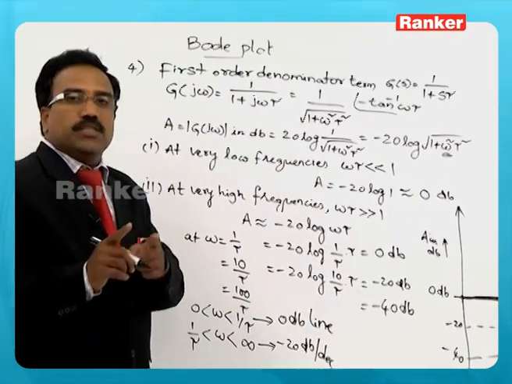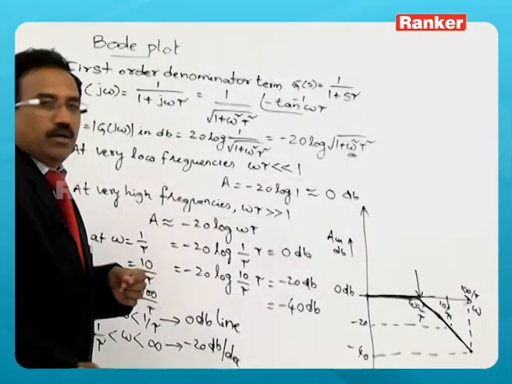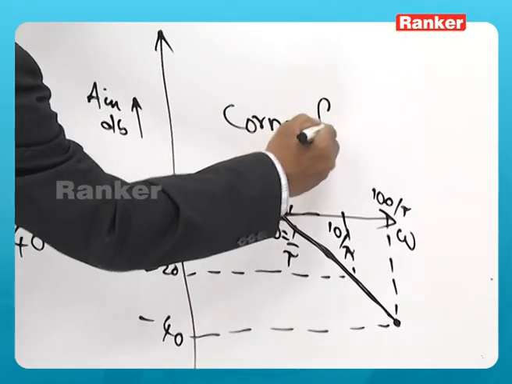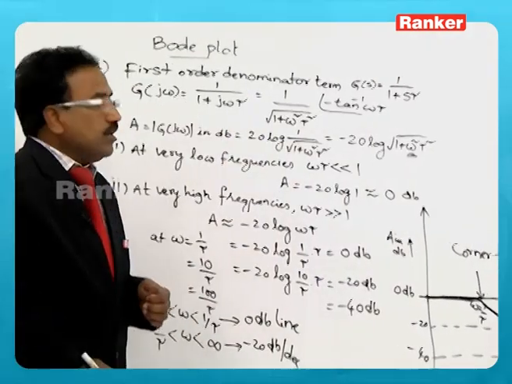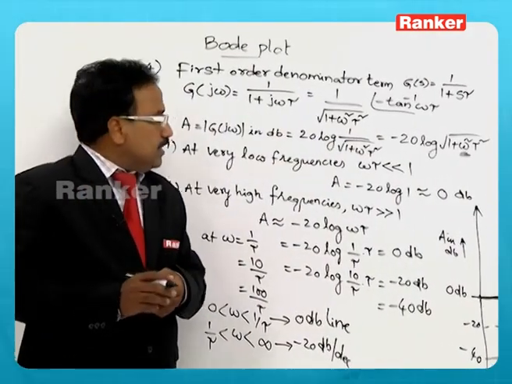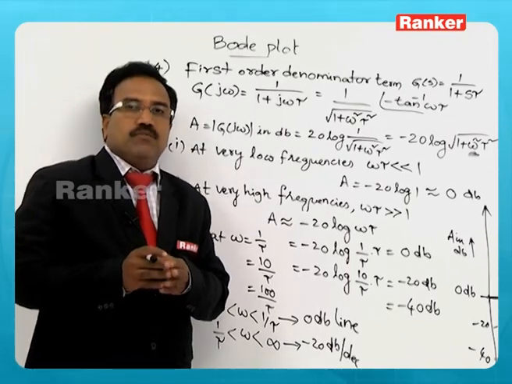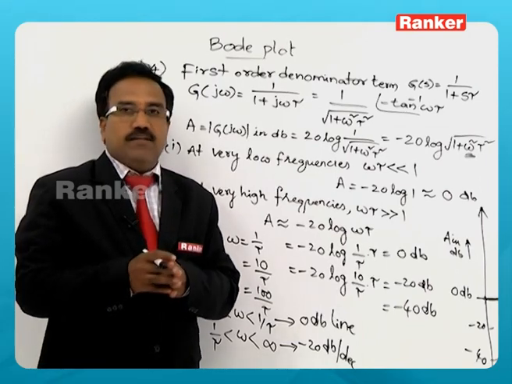Both the lines will meet at one point, that is at omega equal to 1 by tau, which is known as the corner frequency. Corner frequency definition is the point where the two asymptotes meet. Which two asymptotes? A low frequency line and a high frequency line.